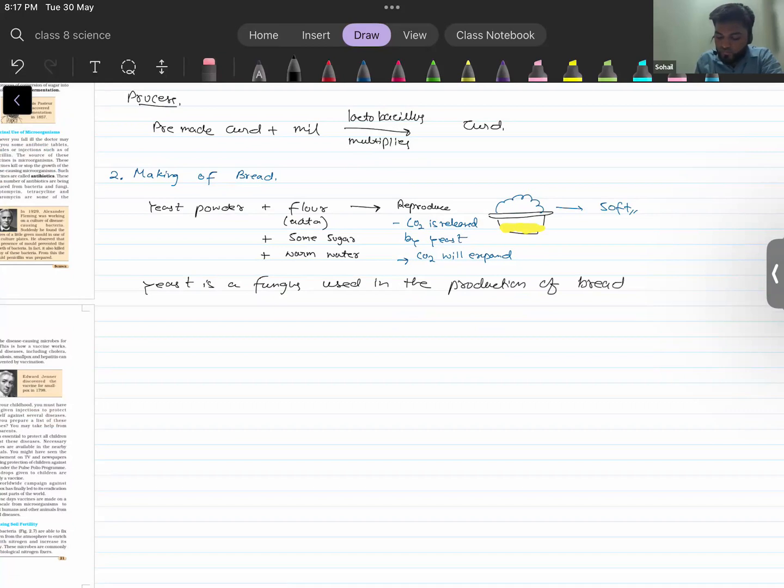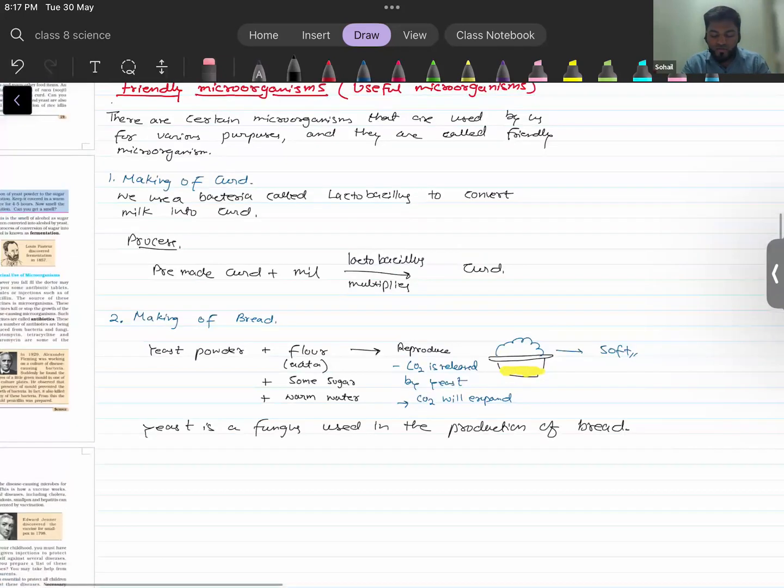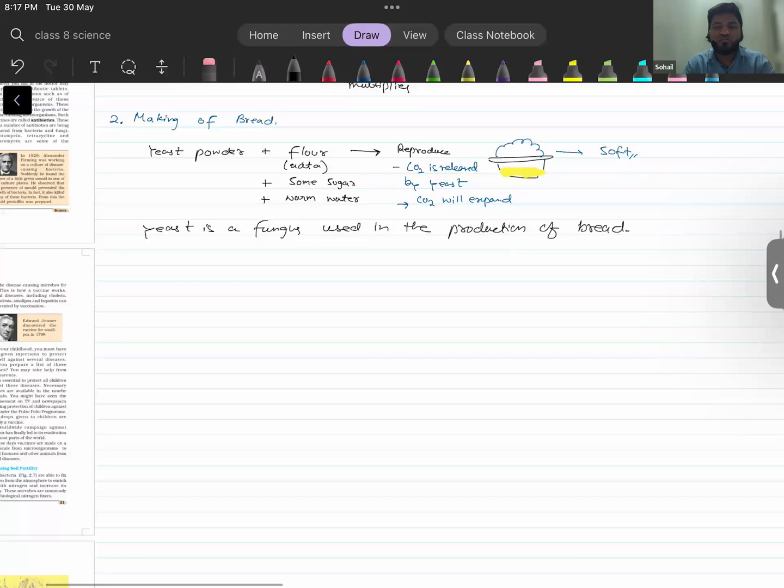Now, next we are going to discuss the commercial use of microorganisms. These are all uses of microorganisms on a smaller scale, like making of food, making of curd. These are used on a small level. But when I say commercial use, that relates to production of something on a large scale. Like we talked about antibiotics.